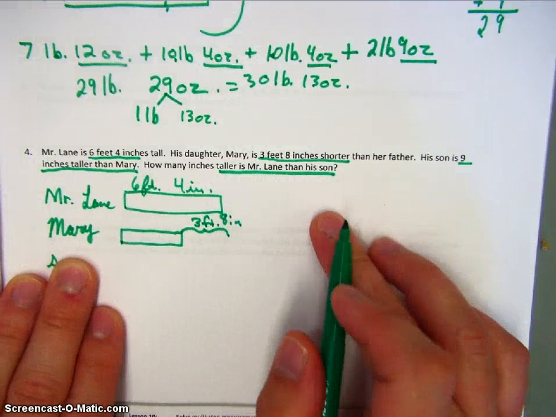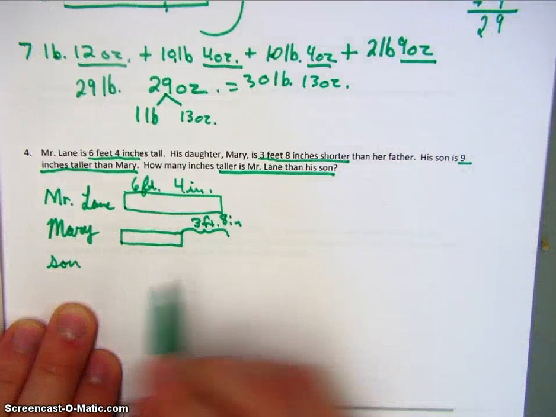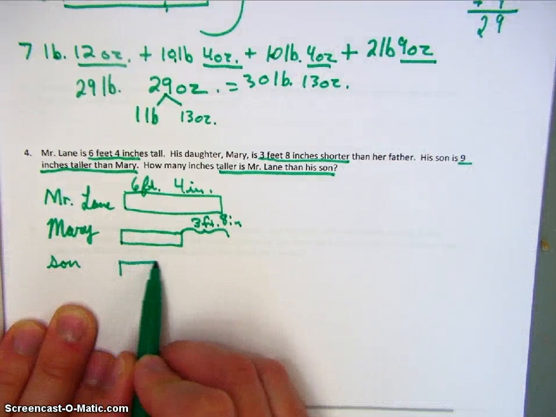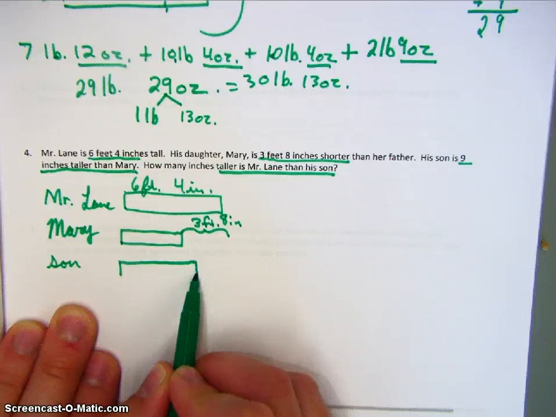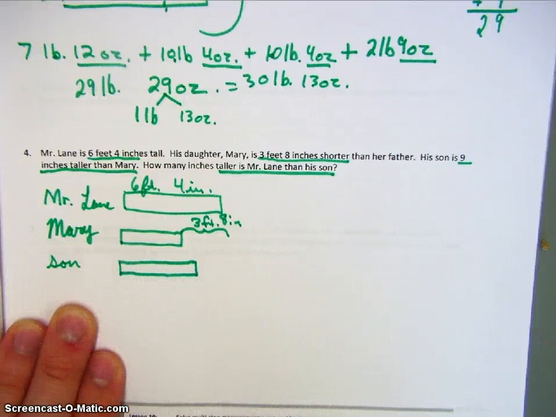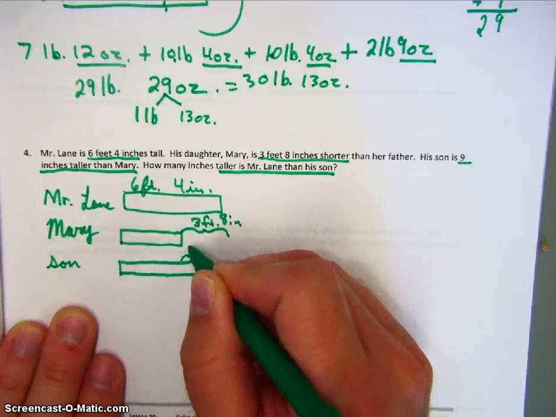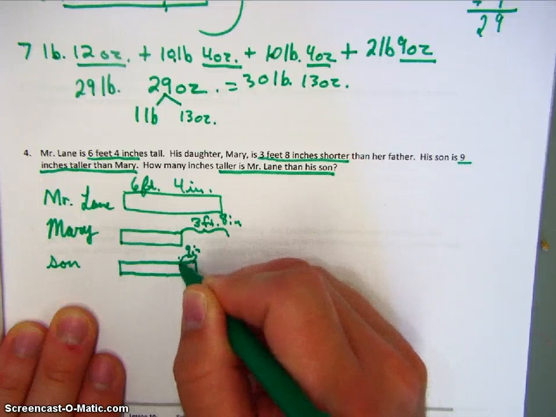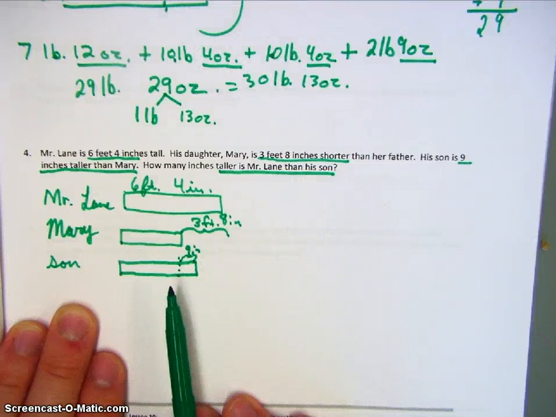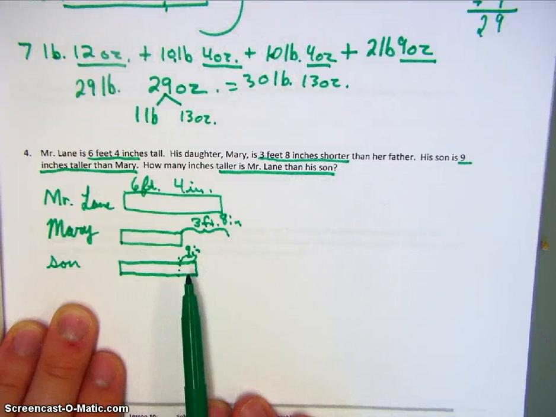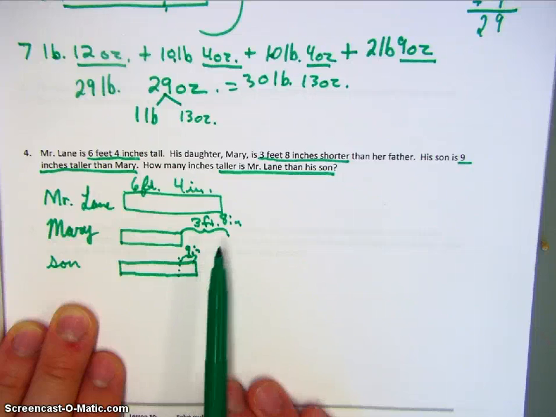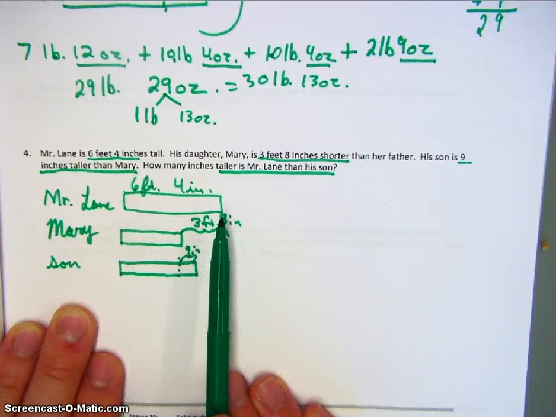Now we have the son who's taller than Mary, but shorter than the father. And we see that the son is 9 inches taller than Mary. So you can see 9 inches right here is a little bit more than Mary, but we're still less than the father.